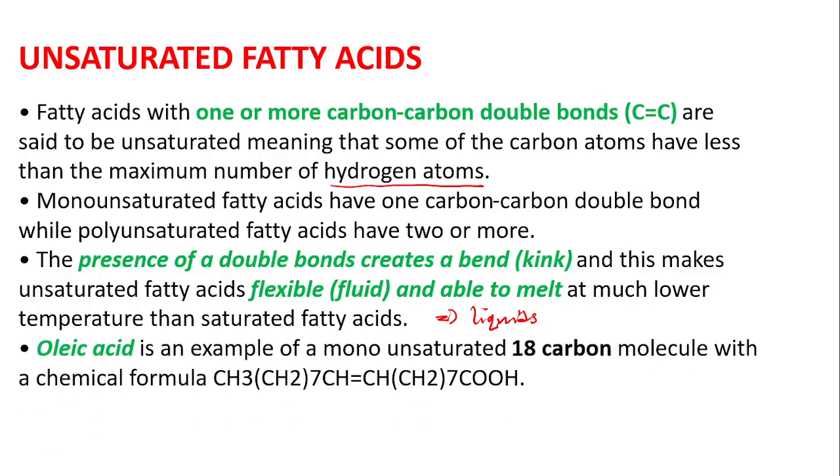Oleic acid is an example of a monounsaturated fat acid with 18 carbons, and this is the chemical formula. So please make sure that you know that oleic acid is just an example of an unsaturated fat acid, and it only has a single double bond.